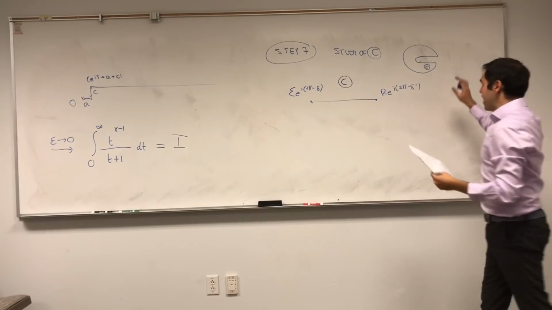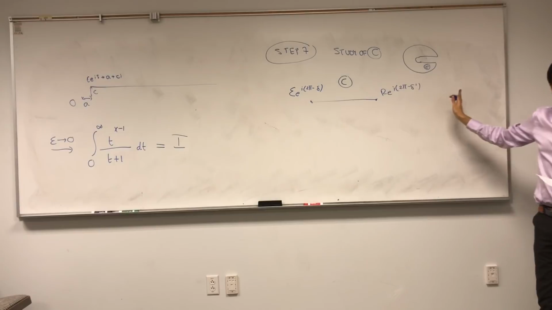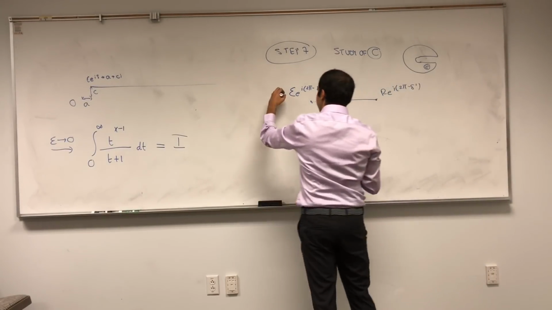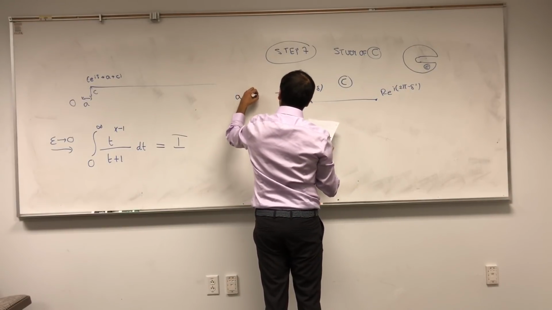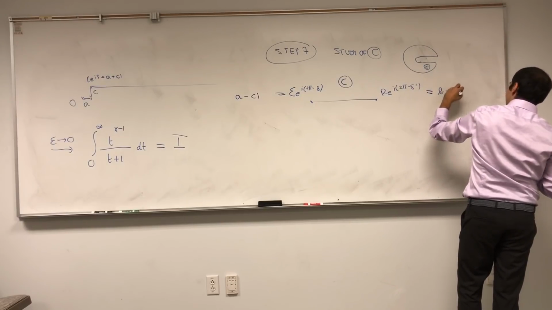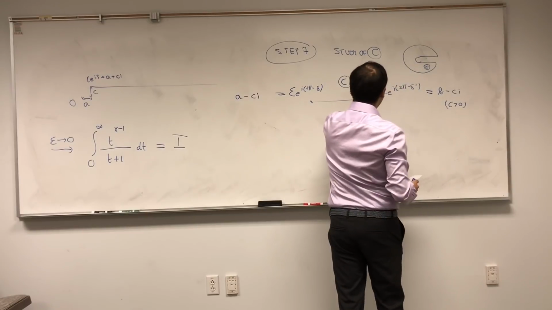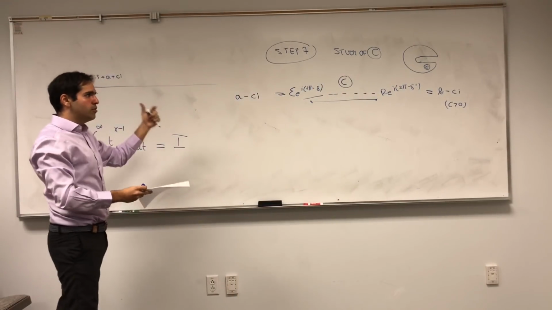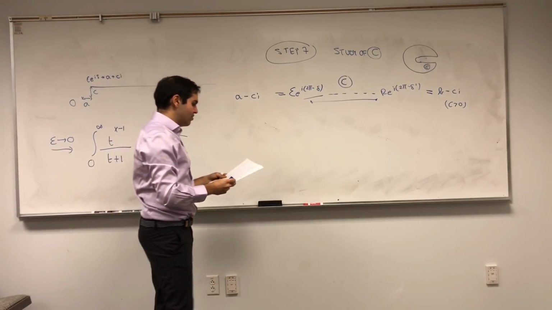And same as before, even though we don't really know what those points are, we do know that the height of those two points is the same. So let's write this as a minus ci, and then b minus ci, where here c is positive. So we are slightly below the real axis, because remember, r goes to infinity and epsilon goes to 0.